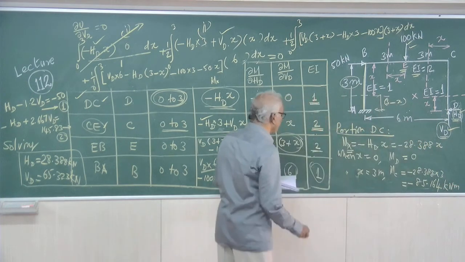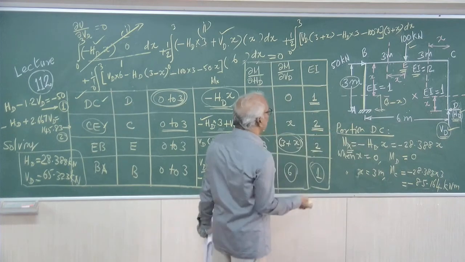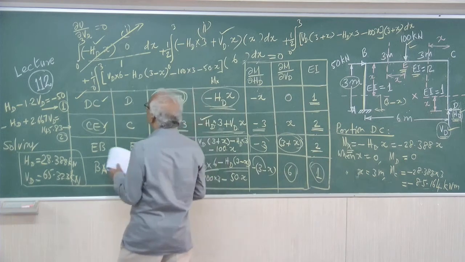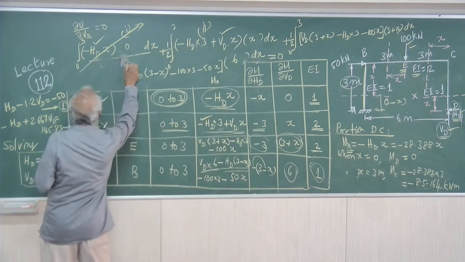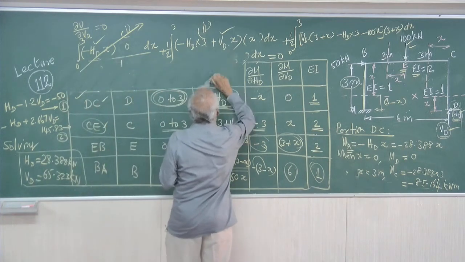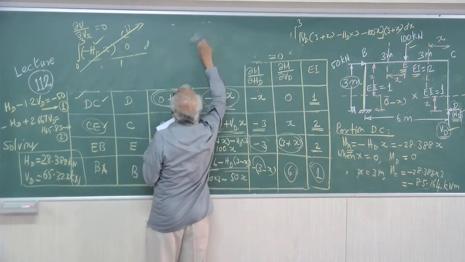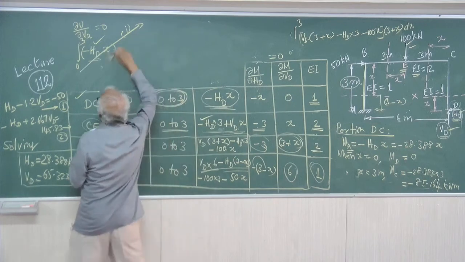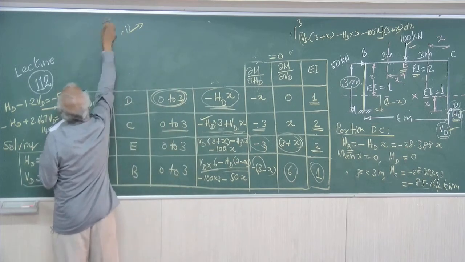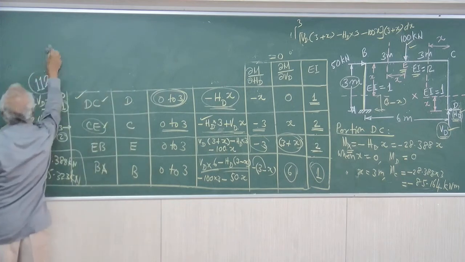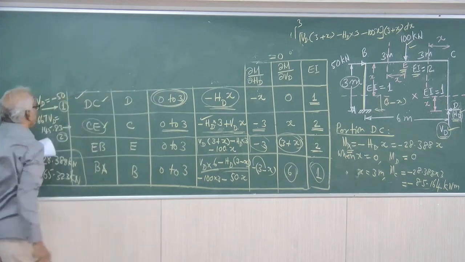So, that is how we have to find out the moment in the portion DC. Similarly, we have to find out the values on the same lines. So, that is the importance of the table. The values available in the table will be required up to the final calculations. I will do it for one more case, and for the other things I will give the final answer.